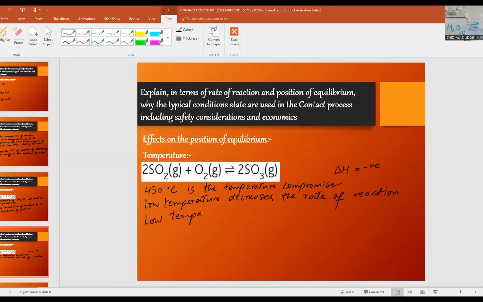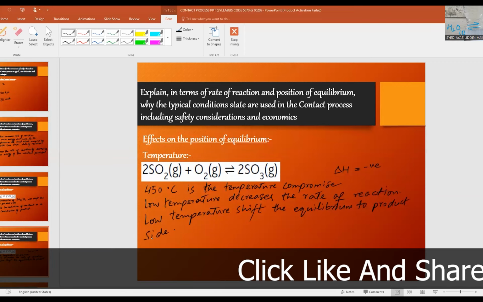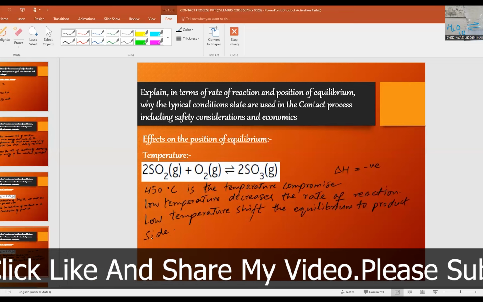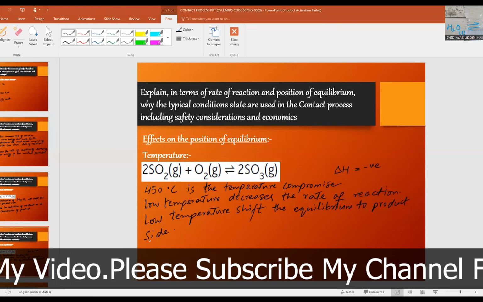The reason will be either the forward reaction is exothermic or the backward reaction is endothermic.